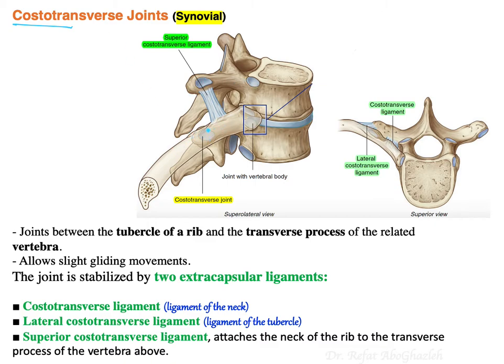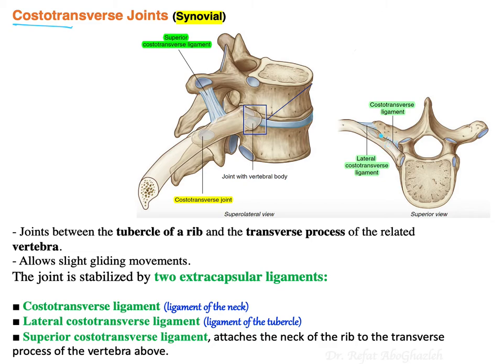The costotransverse joint is stabilized by two extracapsular ligaments. Look at the rib here. This is the head, this is the neck. Very simple. How to memorize it?